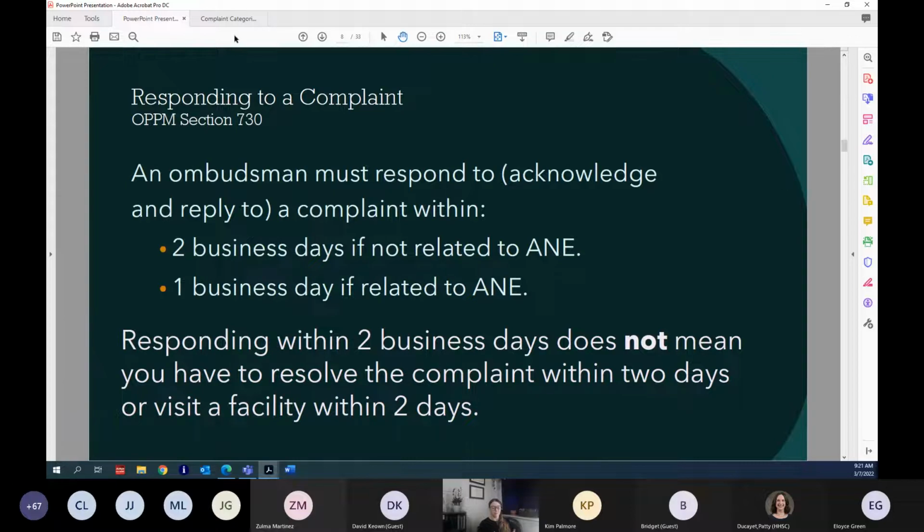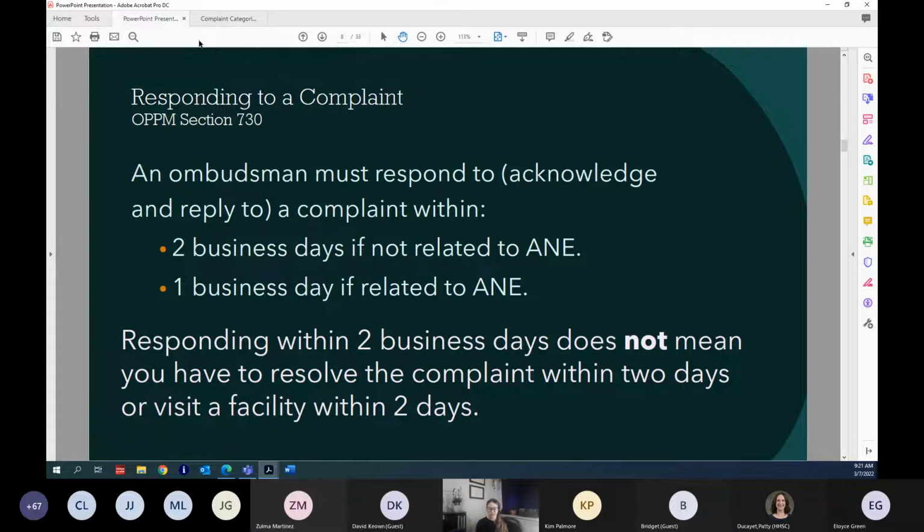We know that some complaints may take weeks, if not months, to investigate and resolve. So I want to clarify, because sometimes it does get a little confusing, that this timeline to respond to a complaint does not mean you need to have it all wrapped up and done within 2 business days.